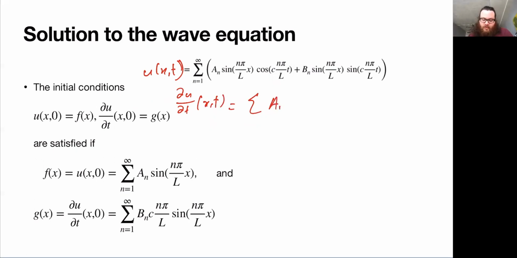This is going to give us the sum of a sub n sine of n pi over L x. Now the derivative affects this term, so we're going to pick up a c n pi over L, the minus sign.